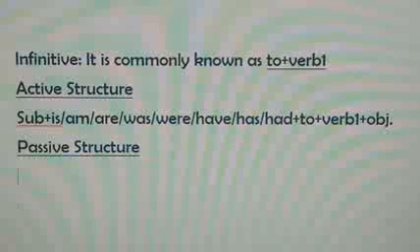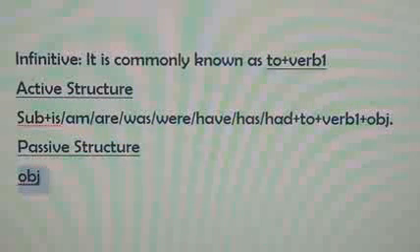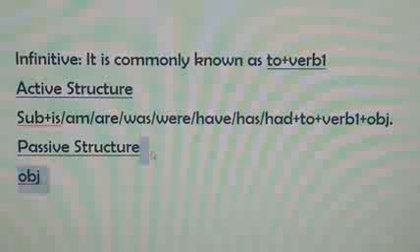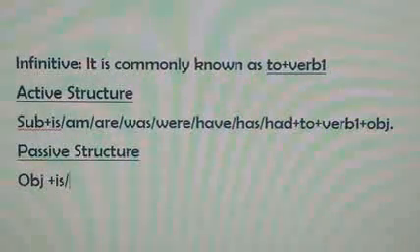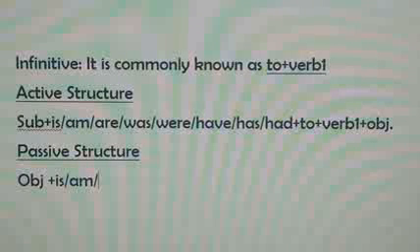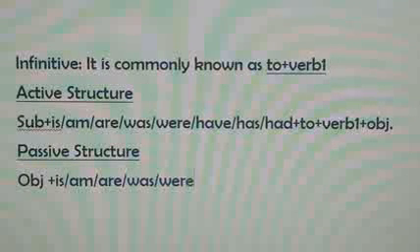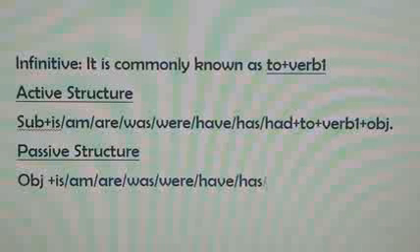It starts from the object, then after the object there will be the same auxiliary verbs: is, am, are, was, were, have, has, had.